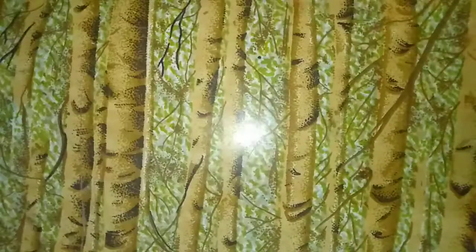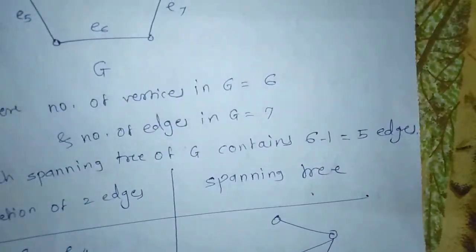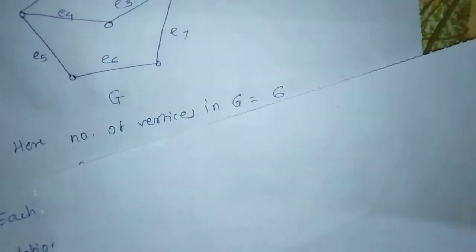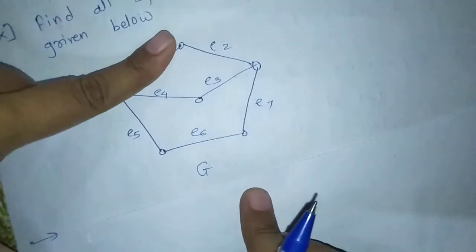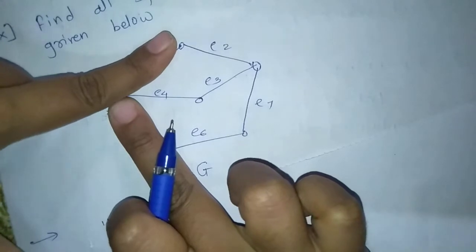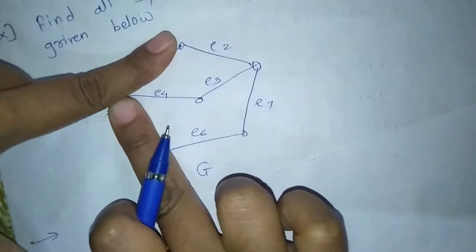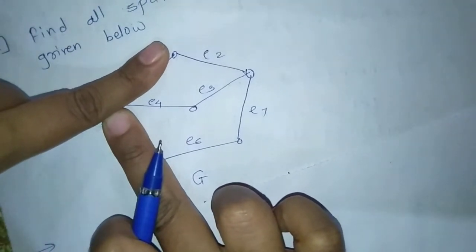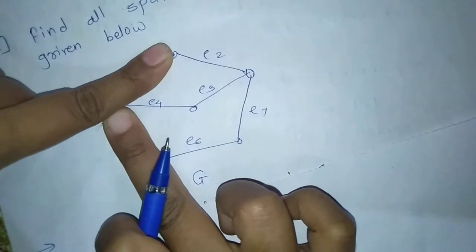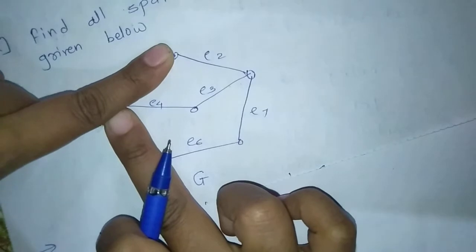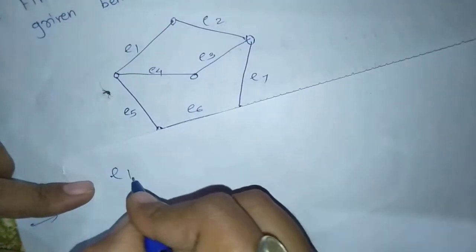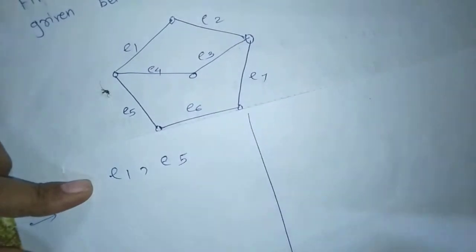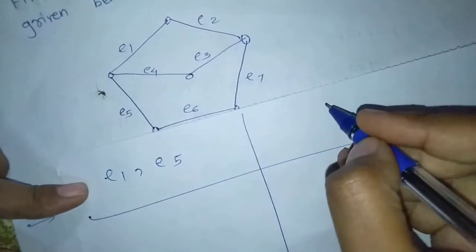Okay, now if we delete E1, E5, also it is connected because there is a path between every pair of vertices. Also it does not contain any circuits, that's why it is a spanning tree. If we delete E1, E5, we get a spanning tree like this.